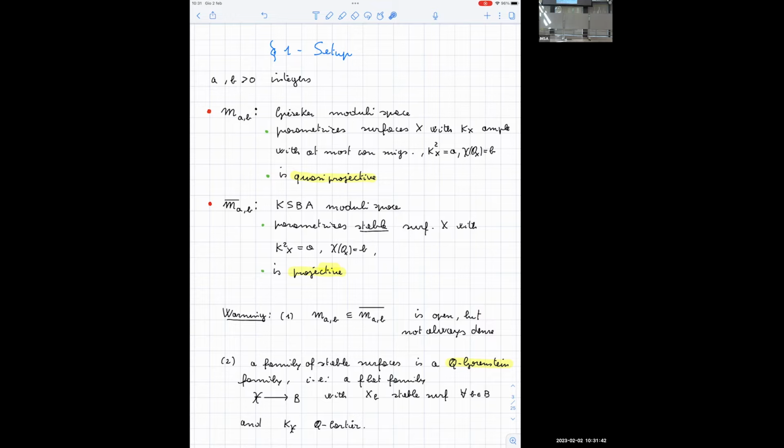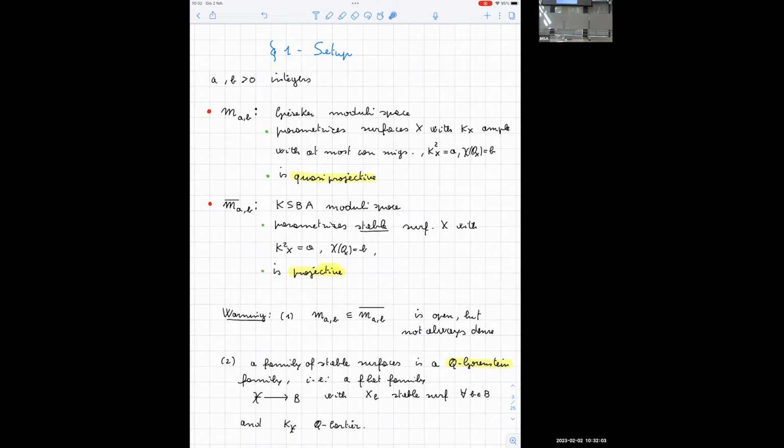And then later on, this was extended to the so-called KSBA, Kollár-Shepherd-Barron-Alexeev moduli space. And this parameterizes stable surfaces with the same invariants. I'm going to say what stable is in a second.